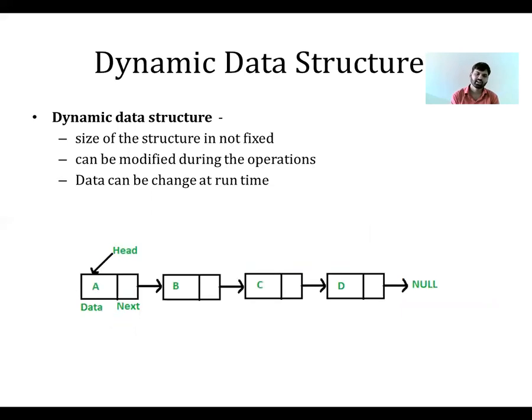Then in a dynamic data structure, the size is not fixed and can be modified during operations. Data can change at runtime. For example, if there are four nodes A, B, C, D, you can attach E to D, so the size changes. We can perform various operations like insert and delete.